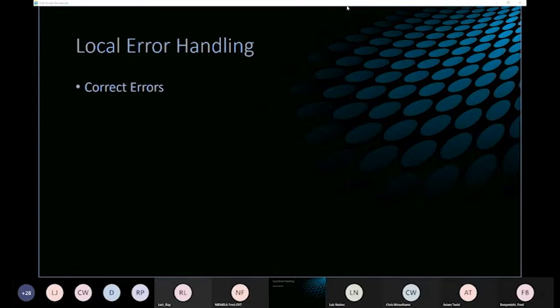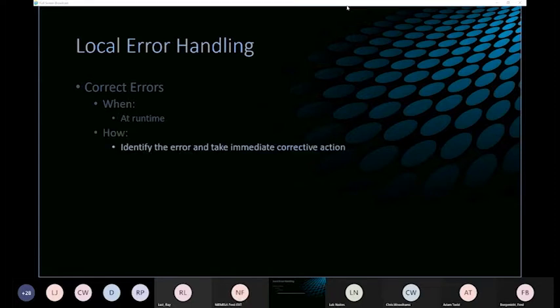All right, next we're going to talk about local error handling. So we can correct errors. When should we correct an error? We could do that at runtime, right? Your code is running, something bad happens, we can just correct it in software. So how do we do that? We identify the error and we take immediate corrective action.